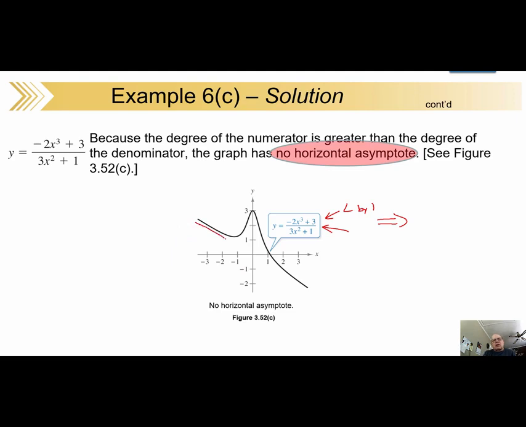Excuse my drawing, but it is getting close to this line. It's a slant asymptote. It's not vertical, not horizontal. So this is called a slant asymptote.